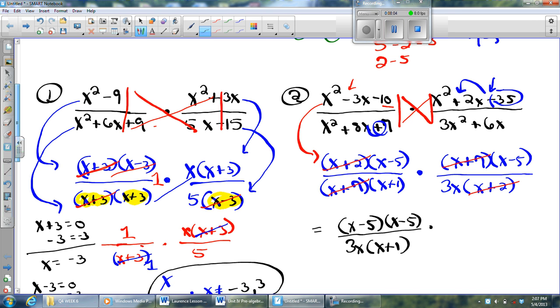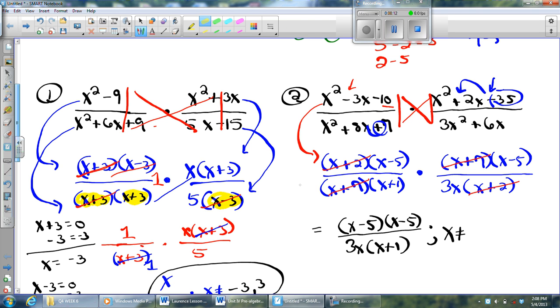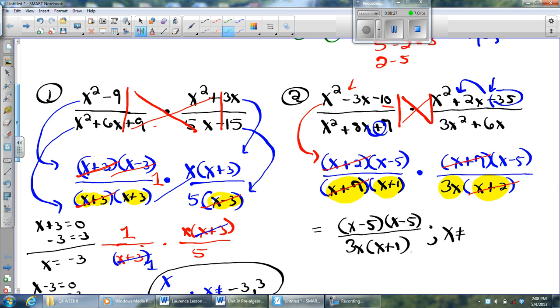Now, don't forget to state your restrictions. It's only true when x cannot equal certain numbers. Well, let's see here. I got to check this quantity, this one, and this one. Looks like I'm going to have a lot of restrictions on this one. Okay, x cannot equal, when is this quantity 0? Well, when x is negative 7. When is this quantity 0? When x is negative 1.